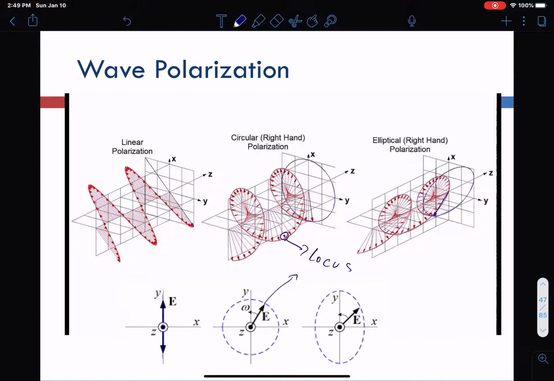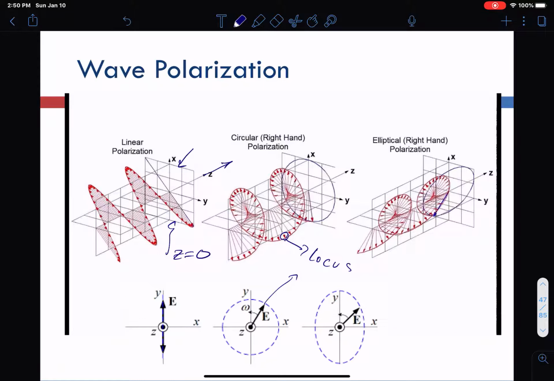Okay, so now come over here. You can see better over here. Now if you put a plane that is perpendicular to the axis of propagation, that is the direction your wave is propagating, the xy plane is perpendicular to that axis. Say this plane is fixed at z equals 0.